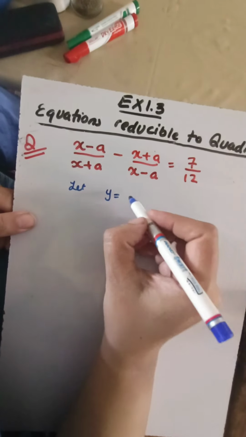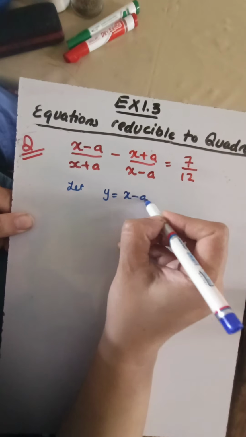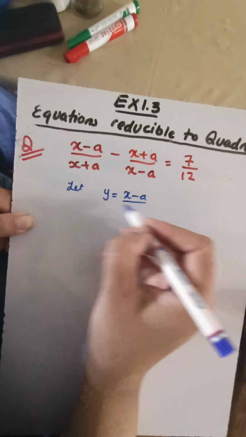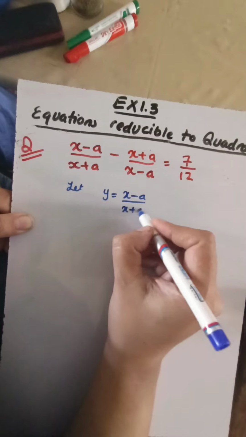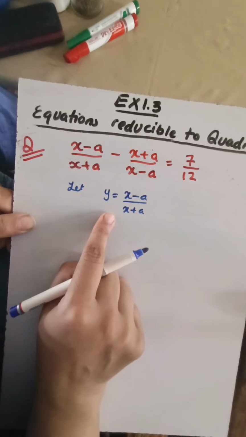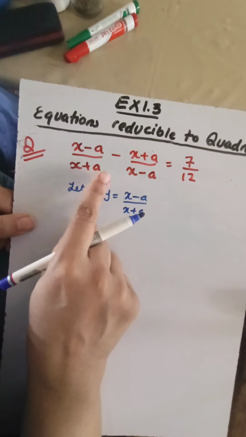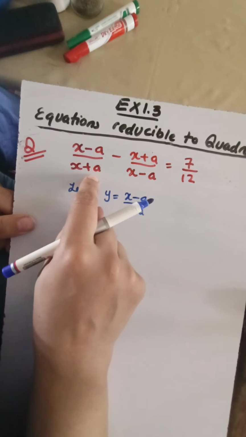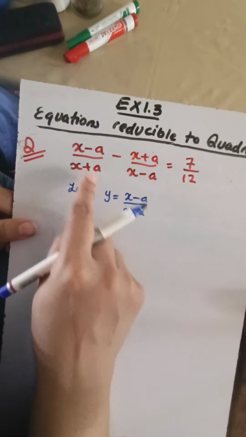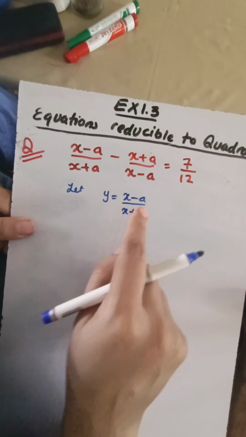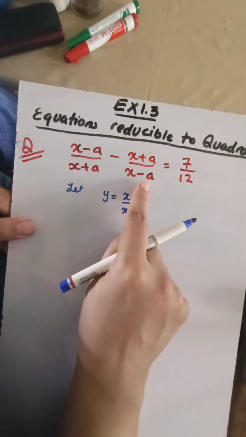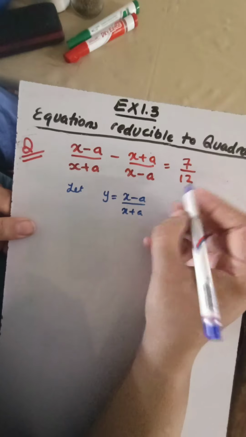The expression which is involved in the question, take that expression and let it equal y. Whatever polynomials or expressions are used in the question, we take that equal to y. Now if this is y, then this will be 1 over y, because these are reciprocals of one another.